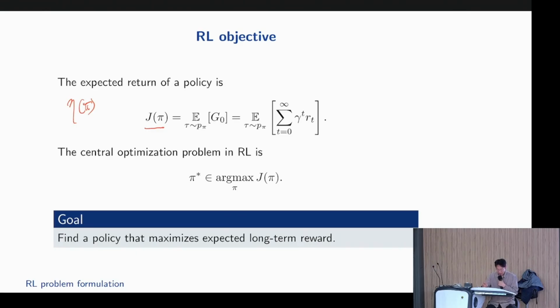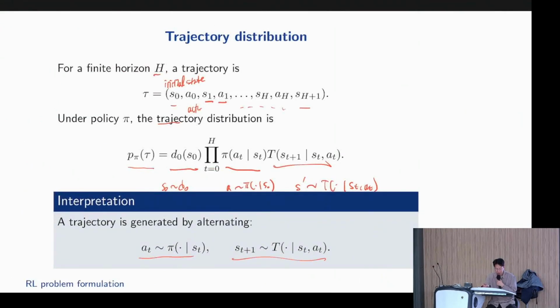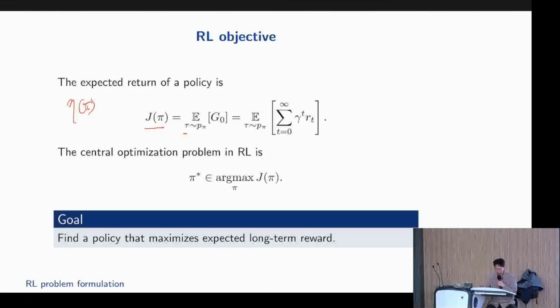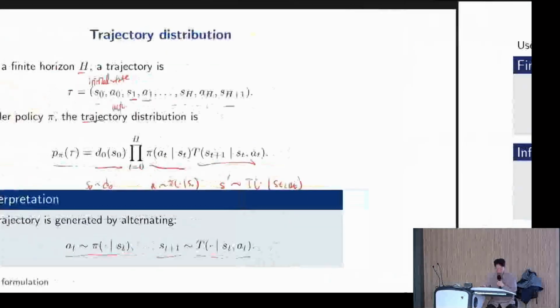And it's nothing but the expected return, where the random variable is a trajectory, which is sampled from the trajectory distribution. So it's expected return, and we have defined the trajectory distribution here.